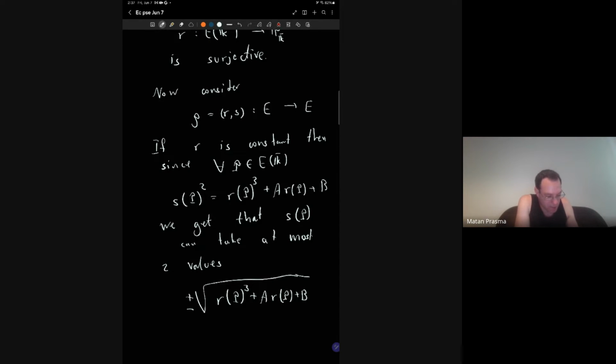I mean, if R is constant, then R of P is equal to R of Q for any P and Q. So this expression is constant since R is constant, and S has to satisfy this equation star. So it means that S can take at most 2 values, namely the plus or minus of the square root of this constant expression.